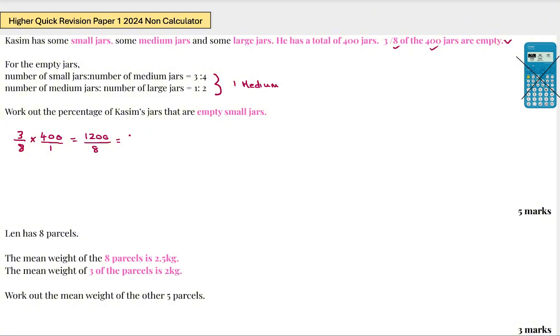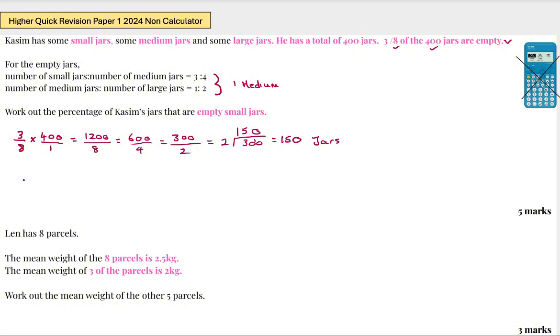So we're going to halve it. 2's into 300, the bus stop method. 2's into 3 go once, carry the 1, 2's into 10 go 5. There we have it. So we have 150 jars. So we found that out.